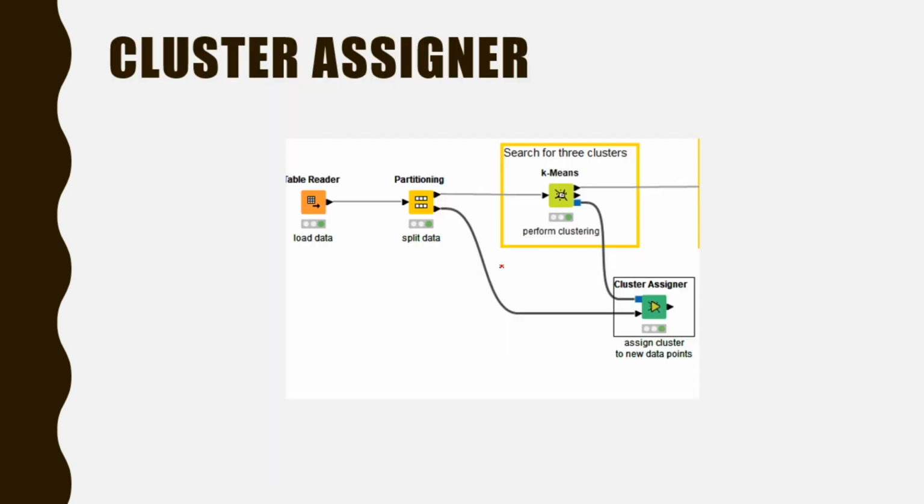To visualize your test data set, the next part of the clustering, you can search for the node called cluster assigner. Take this cluster assigner, and the last node of your k-means output, you just connect to the input node of the cluster assigner. Then the other part is your test.